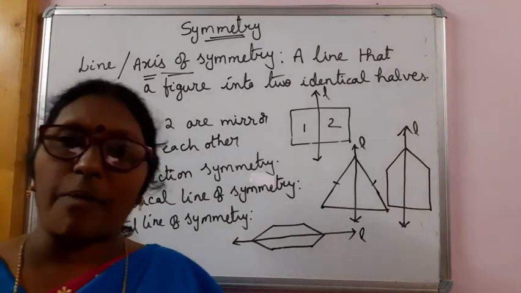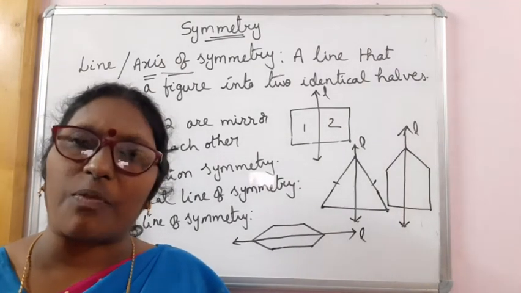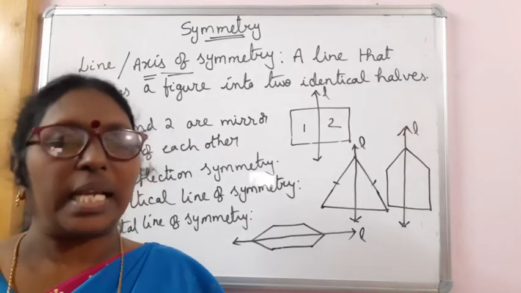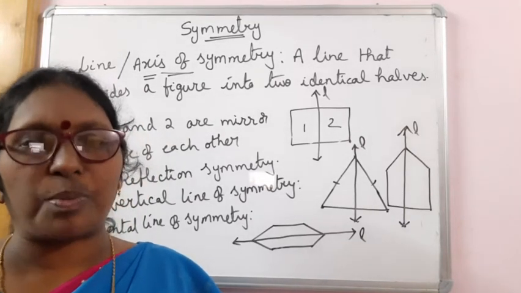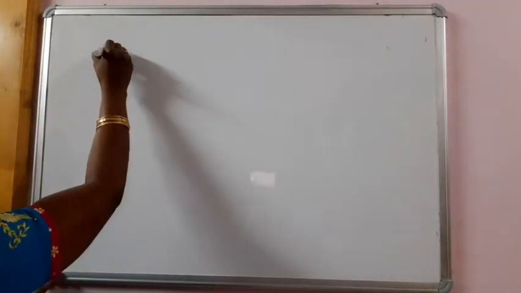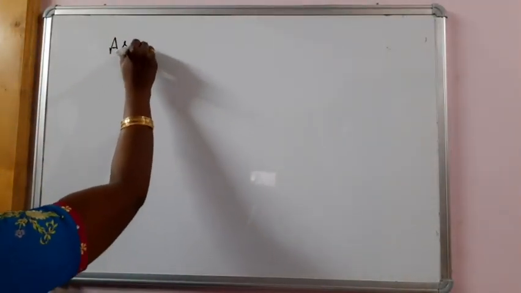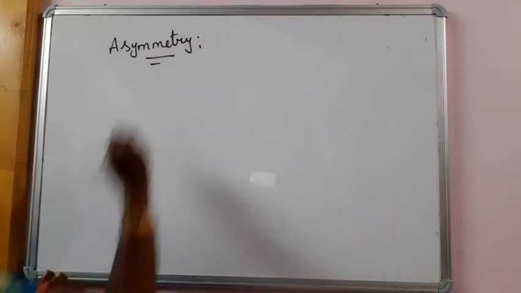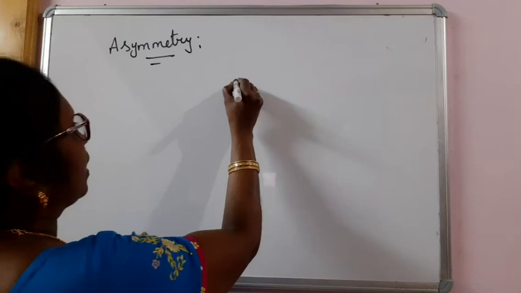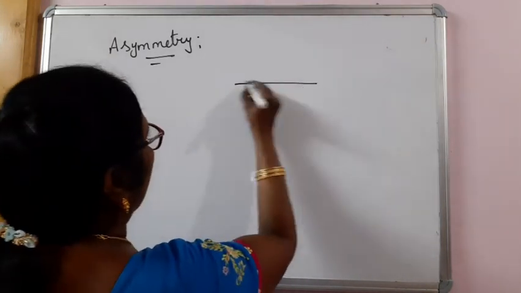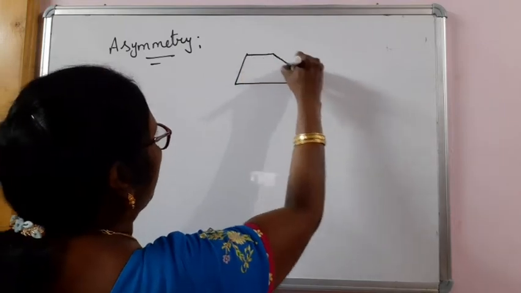Now, if some figures cannot be divided by any line of symmetry, they are said to be asymmetrical. Let me show some figures. Asymmetry means the figure is not symmetrical. Let us take an example of a trapezium.